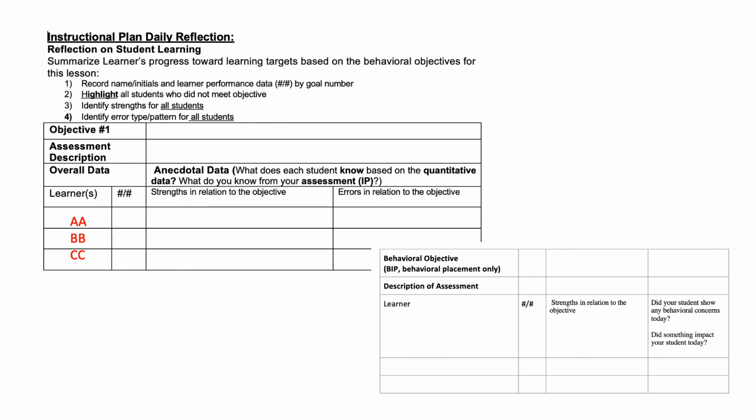Please note here, you will include the learner's initials. Here you'll include your raw data. Also note here it shows number out of number, but use whatever criteria you have in your objective. You'll include your strengths, errors, and then there's a separate chart that you will complete for learners that have social emotional learning objectives.